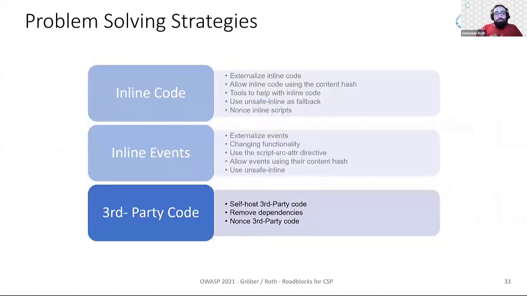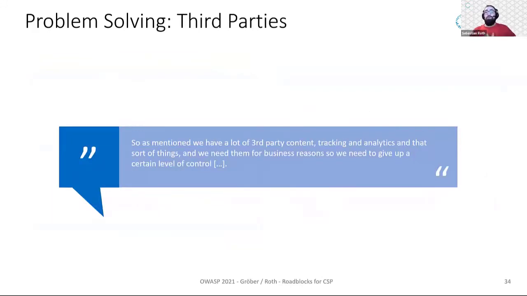Another big problem was the presence of third-party code. Here the participants either allowed the third party as a trusted source, they self-hosted the loaded libraries, or they nonced the loaded scripts, or some even removed the dependency on the library. However, this was only possible because our web application is only a small web application.